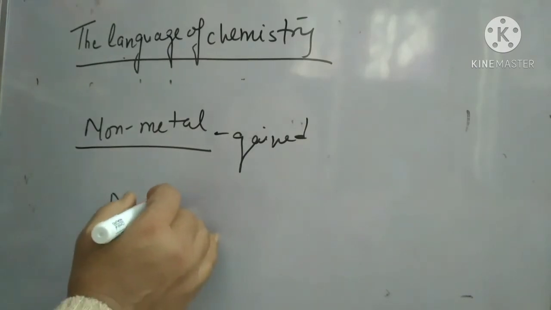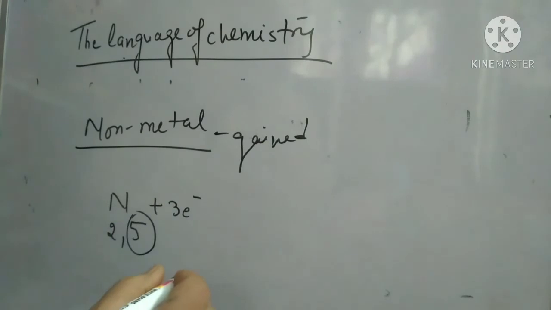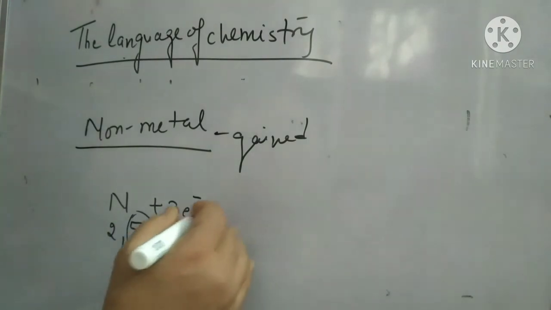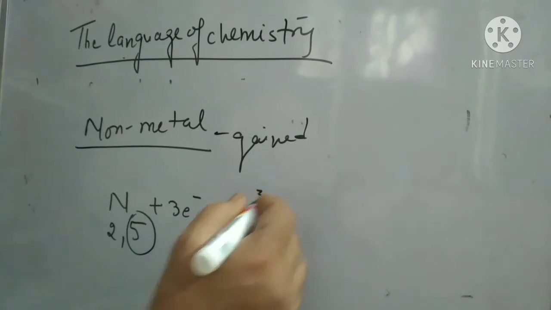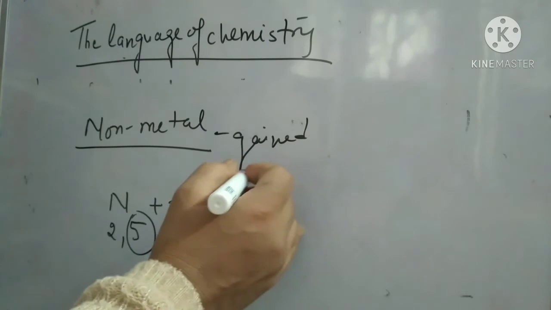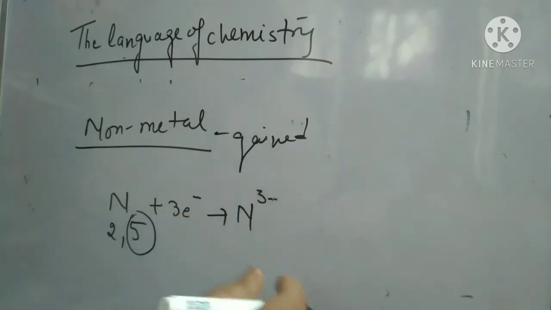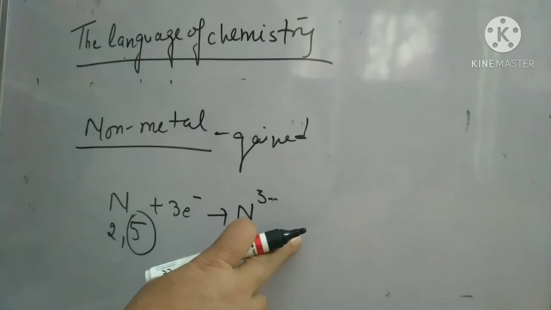So now when it gains 3 electrons, its valency becomes N3 minus. Now this 3 we call it as trivalent, so nitrogen is trivalent.